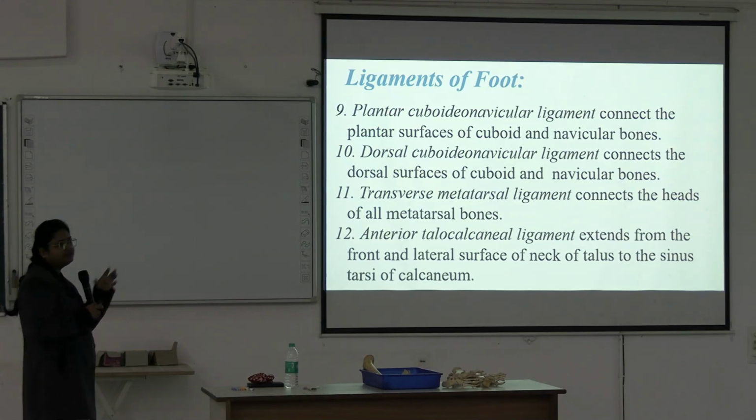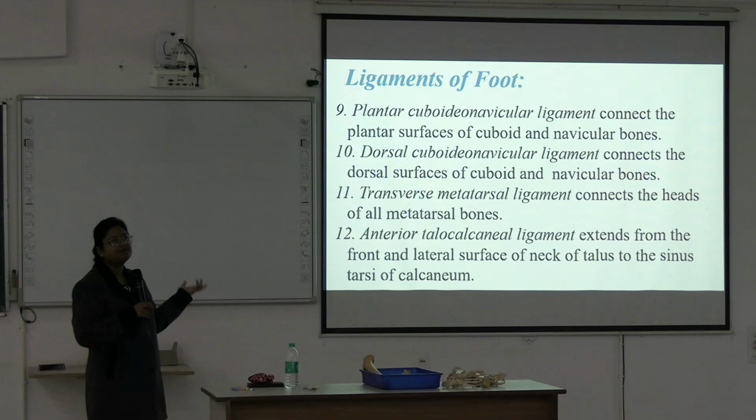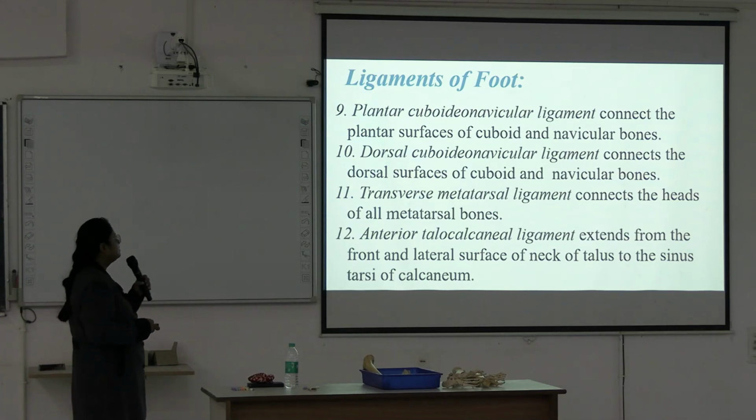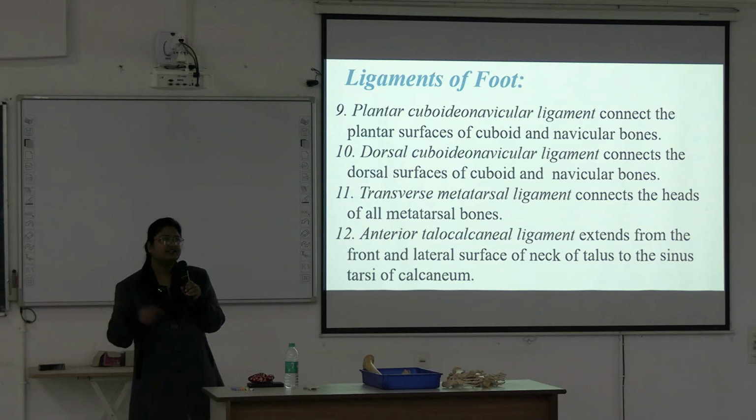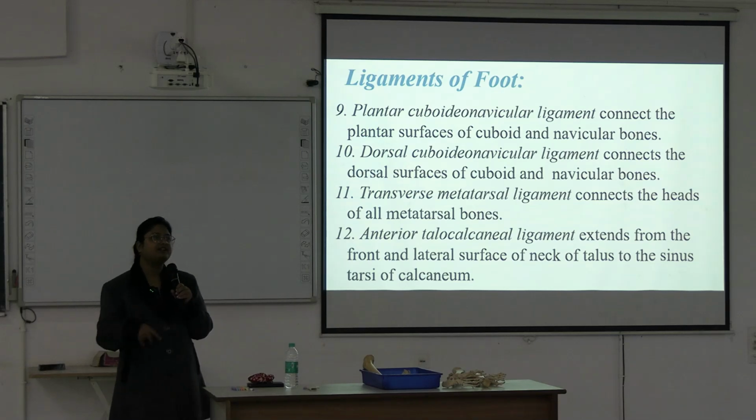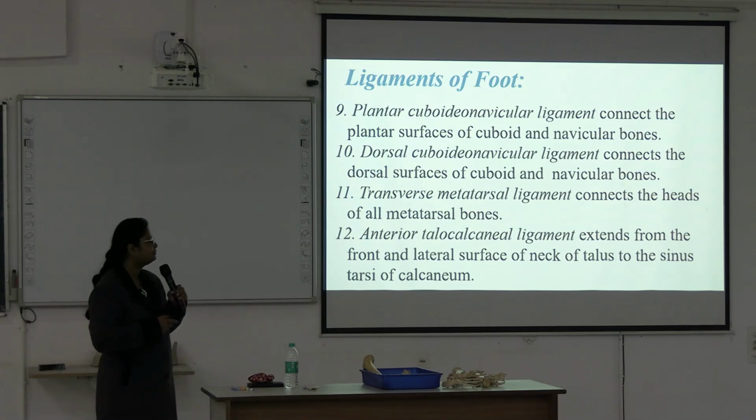These names represent which bones are connected, okay, and plantar and dorsal represent where it is located. Plantar means it is located on the plantar surface, and dorsal means located on the dorsal surface. Okay. So long and short plantar ligaments, spring ligaments, deltoid ligament, these are important ligaments for the foot.